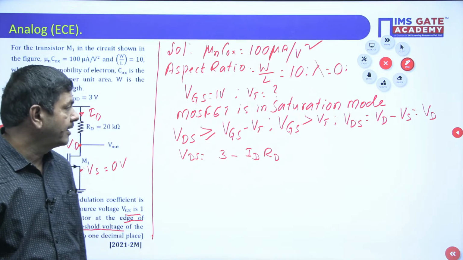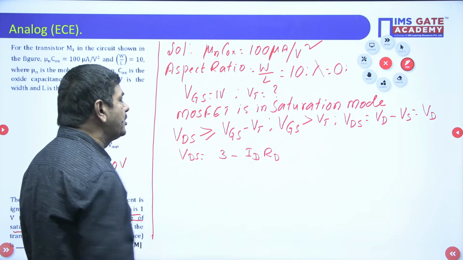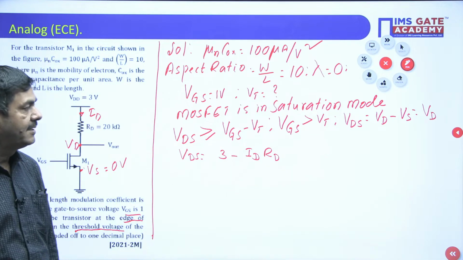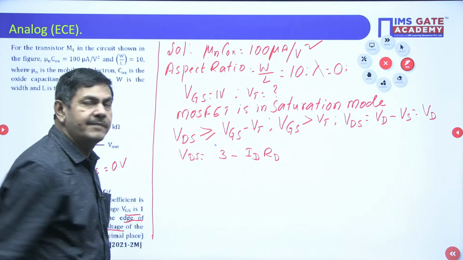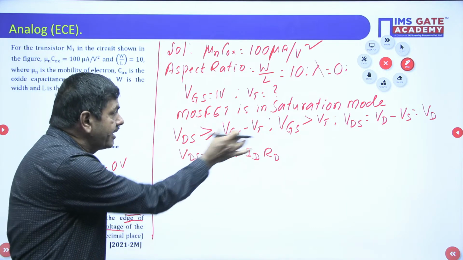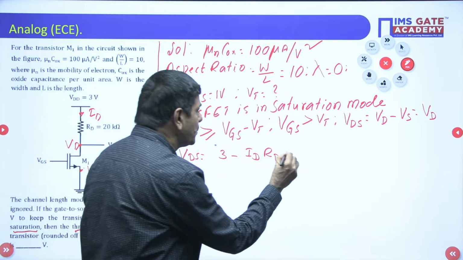So VDS equals 3 minus ID into RD. But this VDS must be greater than or equal to VGS minus VT, and here I want to use equal to.